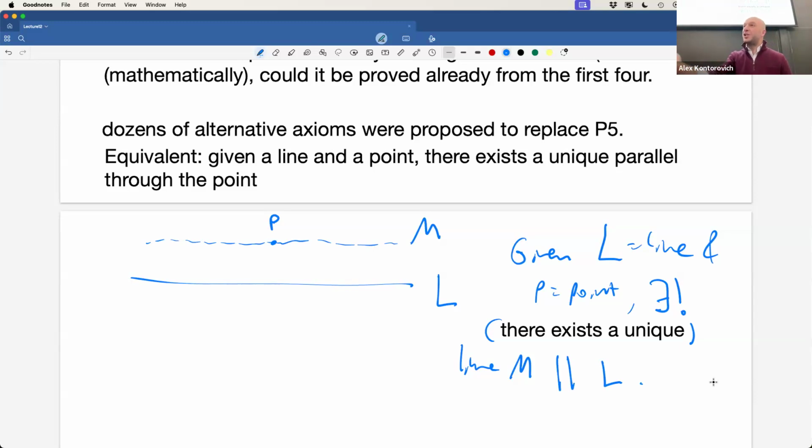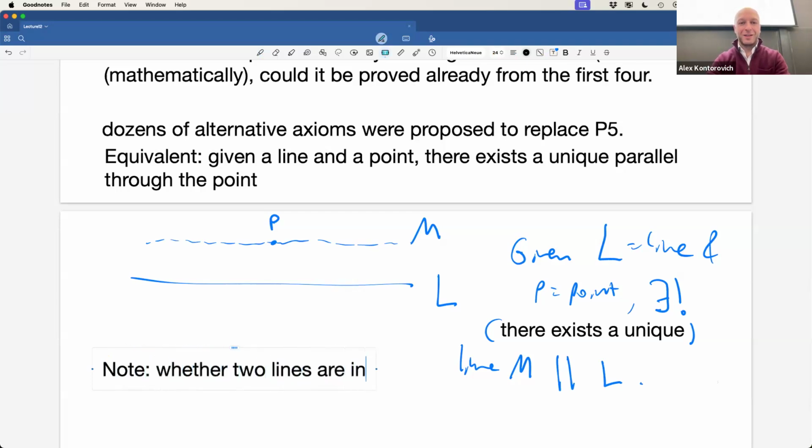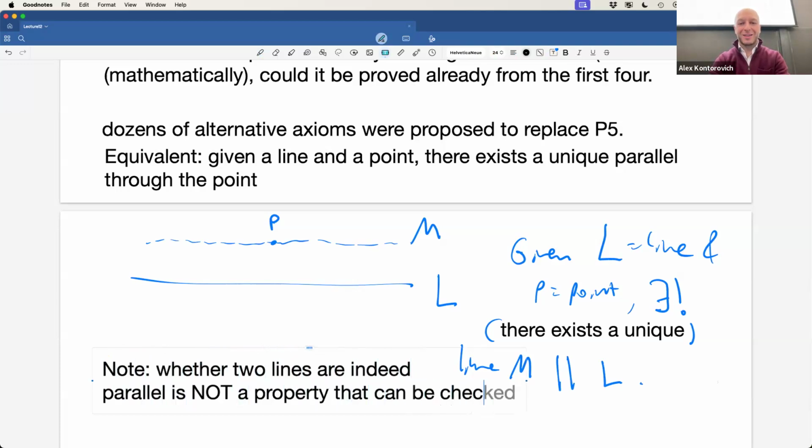It's not finitely checkable. This is a very, very subtle thing. Note that whether two lines are indeed parallel is not a property that can be checked in finite time.